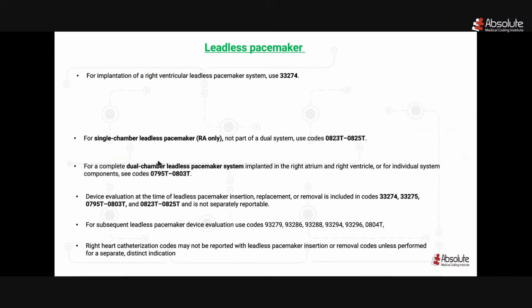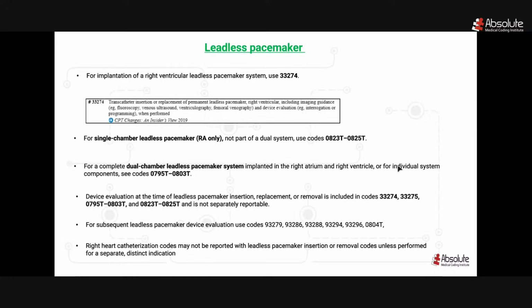Now we are getting into some important guidelines on the leadless pacemaker. When the right ventricular leadless pacemaker system is implanted, the correct CPT code to report is 33274. That is for the implantation of a right ventricular leadless pacemaker system.